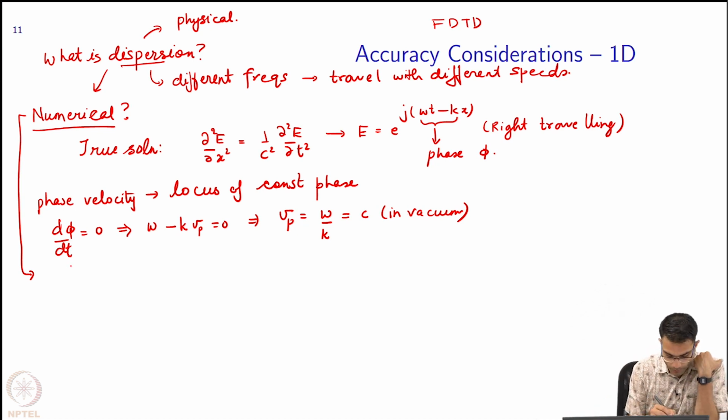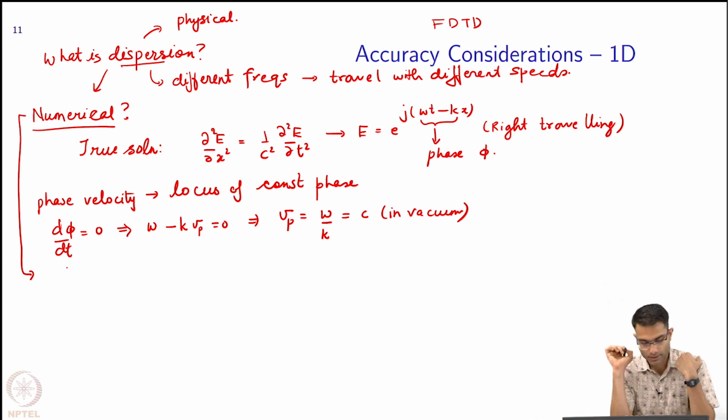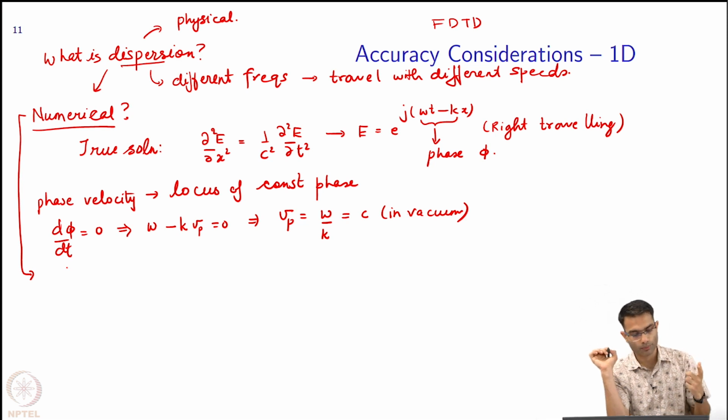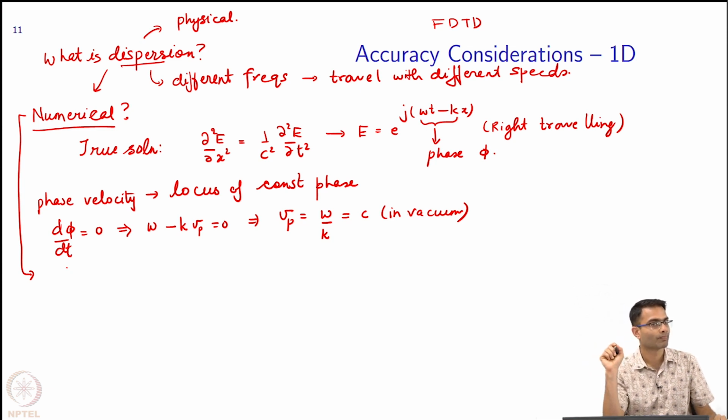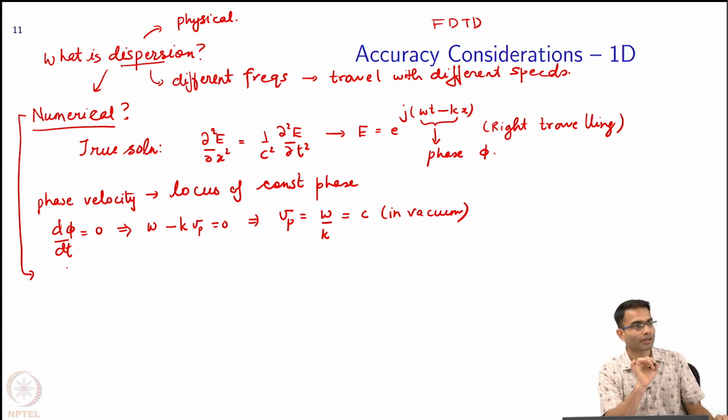Now, we have looked at this before, under what conditions will the electric field be a wave like solution in FDTD? As long as the Courant stability criteria is satisfied. So, when Courant stability is satisfied, my E will be a wave, we have derived that.